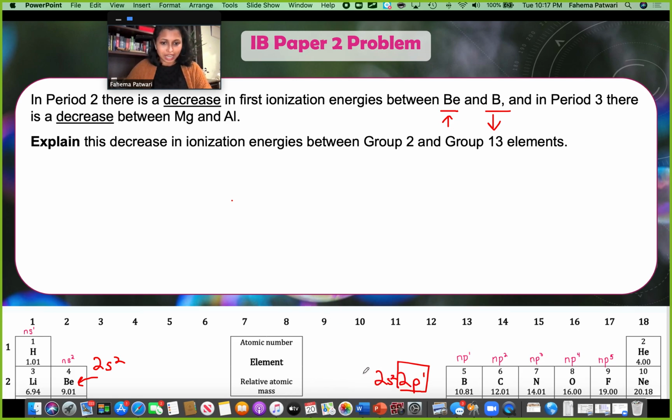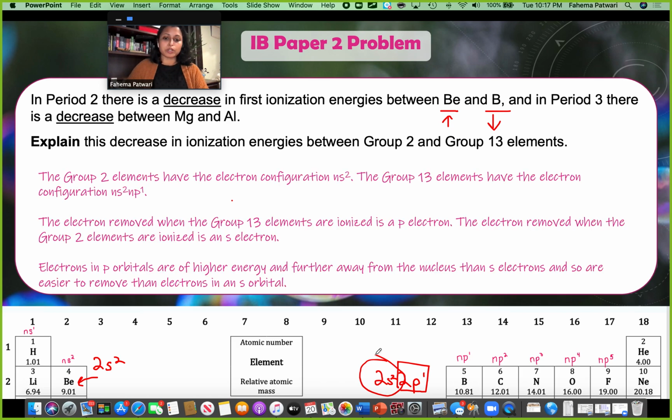It's going to have a full s sublevel, and it's going to be more stable that way. So boron will easily lose that last electron so it can be stable like beryllium, right? If it loses this, it's going to have the same exact electron configuration as beryllium.